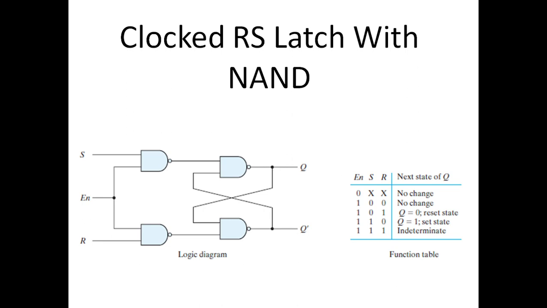Now the clocked SR latch with NAND. On the previous slide, we had this SR basic latch implemented with NAND gates. If you want to control the operation of this basic latch using a clock pulse or an enable input, this is normally the clock pulse, then we can do that by connecting an additional NAND gate with the S input and an additional NAND gate with the R input and providing this clock pulse to both of these NAND gates.